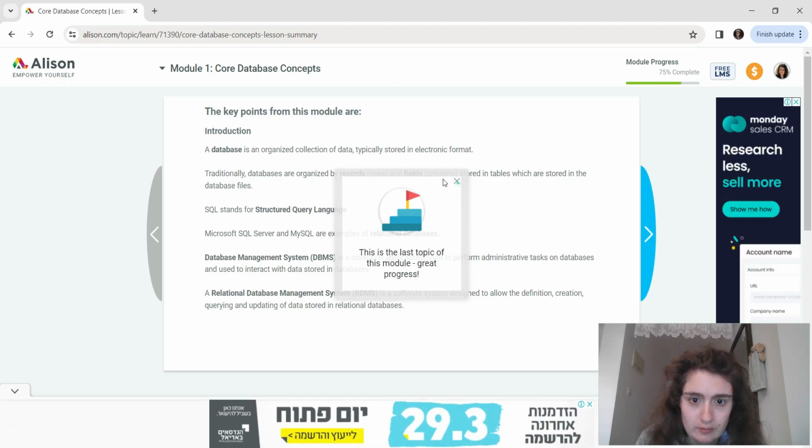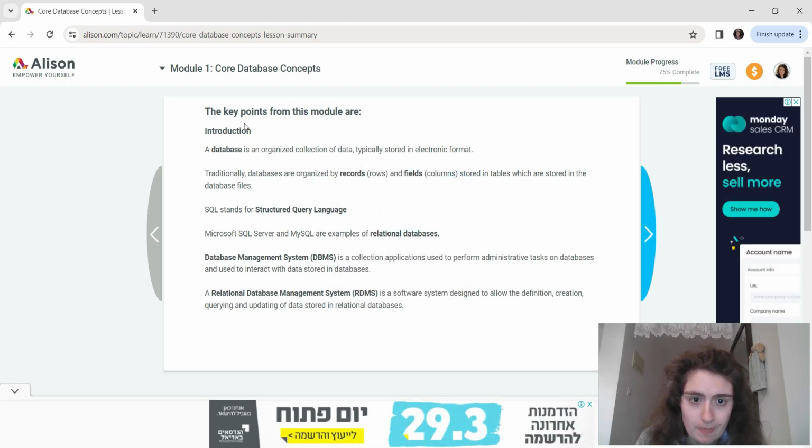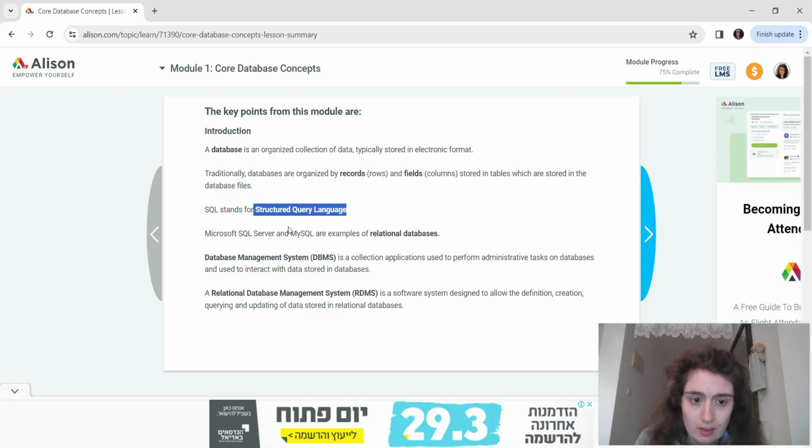So module 1 covers the core concepts concerning databases, especially in how they are written in the SQL or structured query language. And for this course, we'll be using the Microsoft SQL Server software to understand what are called relational databases.